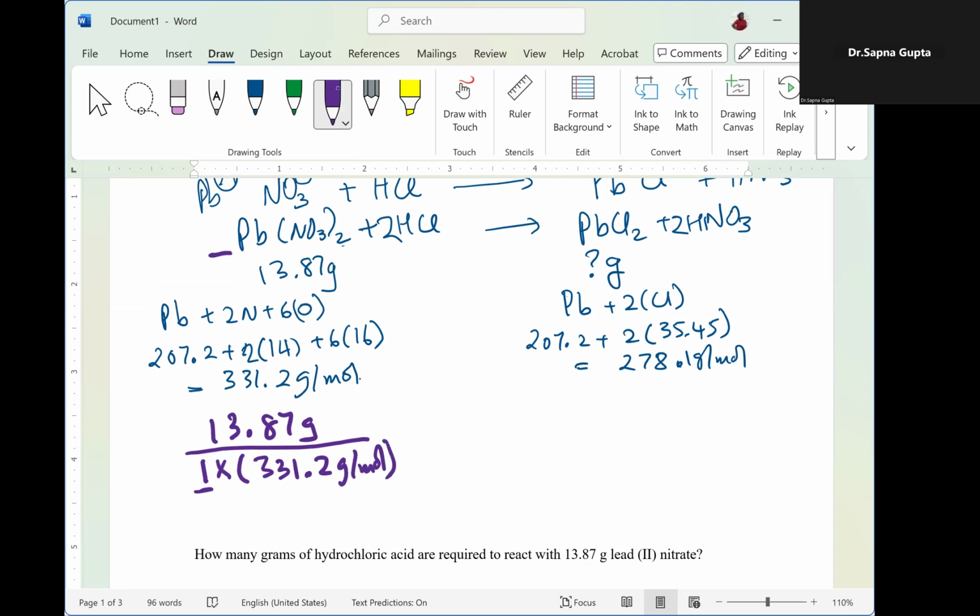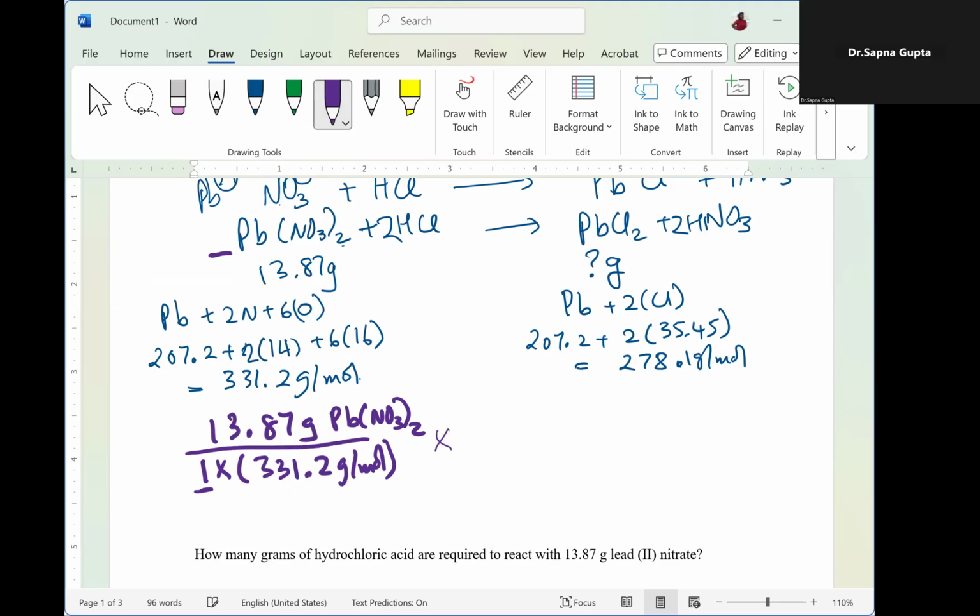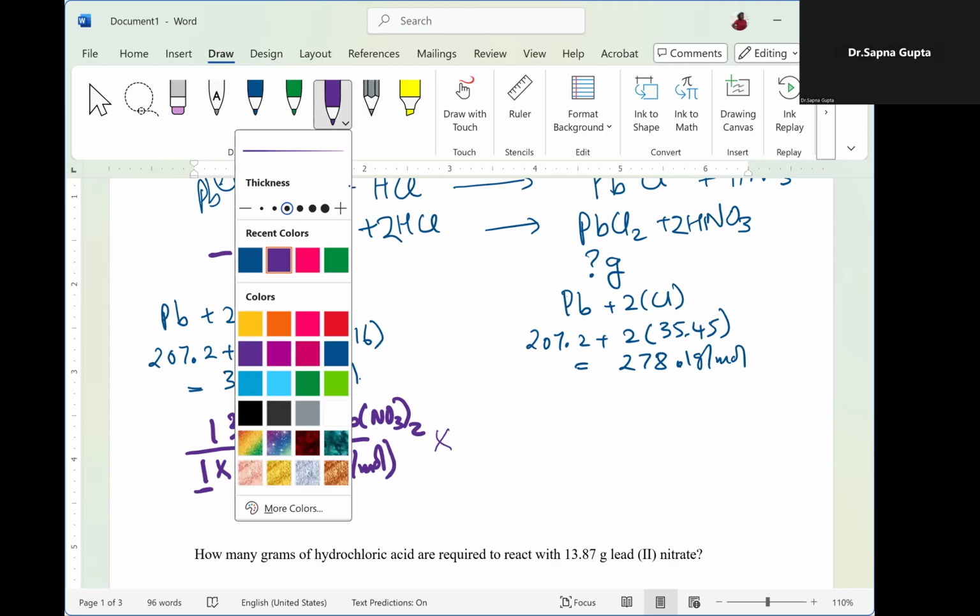And this is, of course, lead nitrate. So write that also, that will help you. I can see that my pen is too thick, so I'm going to make it a little bit slimmer. And then multiply that by, now it's too slim, Goldilocks, isn't it?